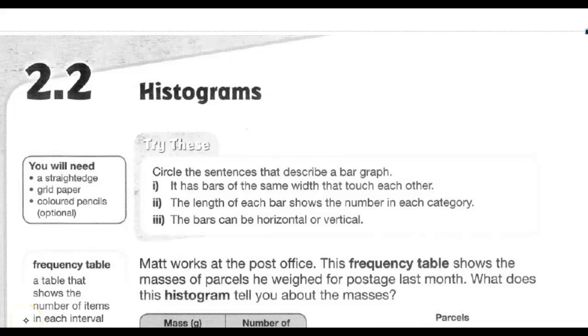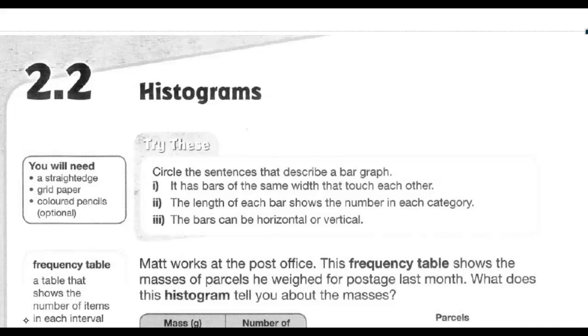Okay, section 2.2, looking at histograms. So histograms are a little bit like bar graphs. The difference is that the bars represent intervals of values, whether it's time or measurements of some kind, but they're not items.